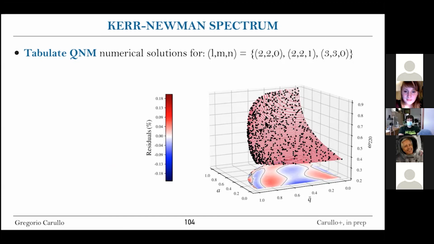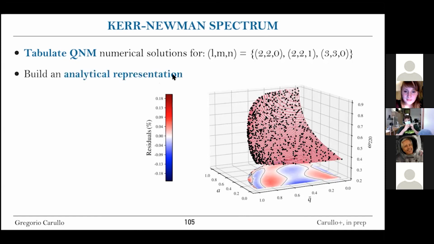So here would be the black dots on the plot. In reality, here I'm showing only the validation set on which we trained our fits, but the actual training set, so the full set that we computed, was 10 times larger than the number of points you see here. So it was a very extensive tabulation.